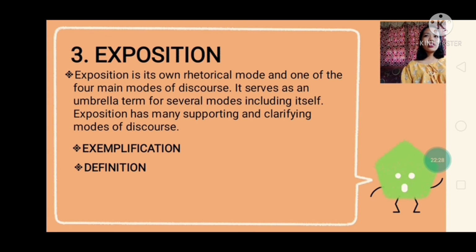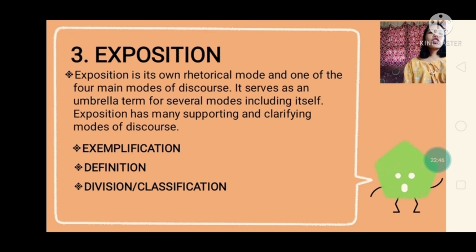So, ang example nito is i-define natin. What is life? Life is everything. And you are going to define life by giving examples, by elaborating experiences. That's how definition works. So, division and classification. So, it is most likely a comparison or compare and contrast, except two or more items are examined.